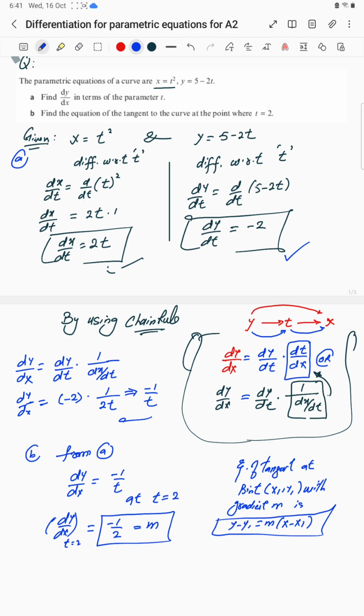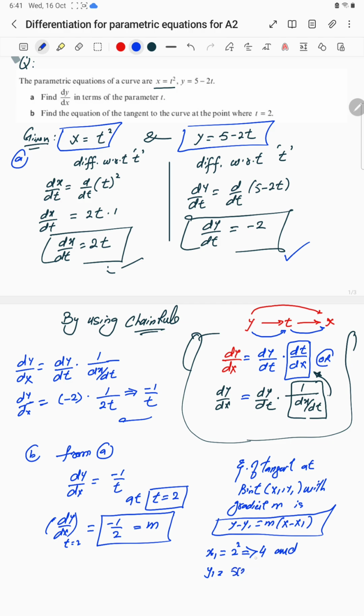For this, in the question you are given x is equal to t squared and y equal to 5 minus 2t. By replacing t with 2 in the given equations, we get the coordinate x1 as 2 squared, that is 4, and y1 as 5 minus 2 times 2, that gives me 1.